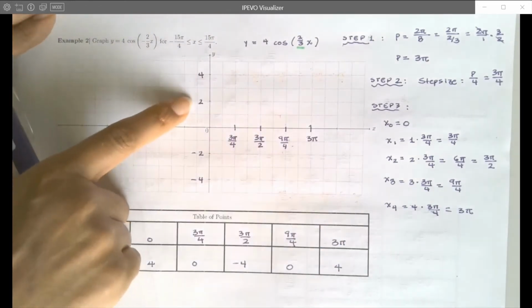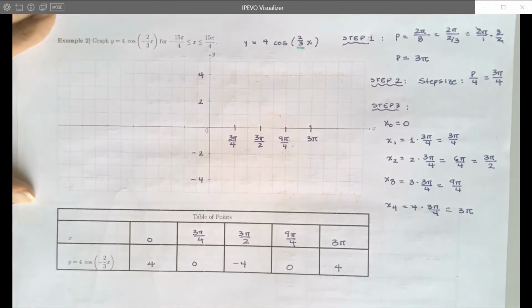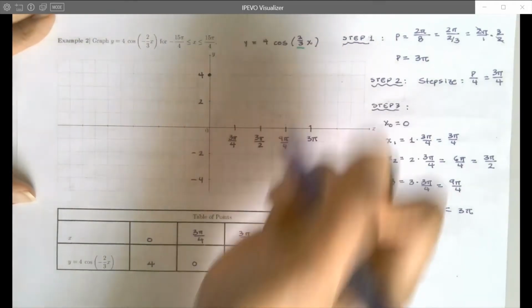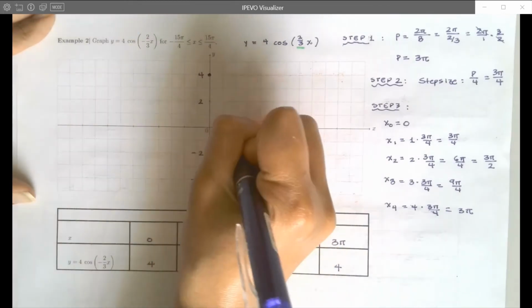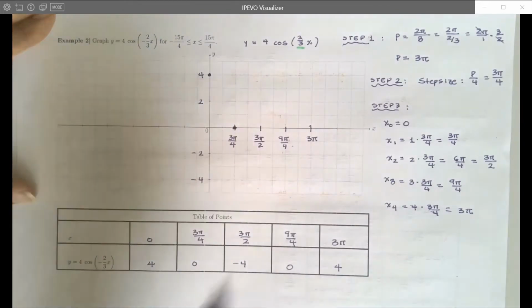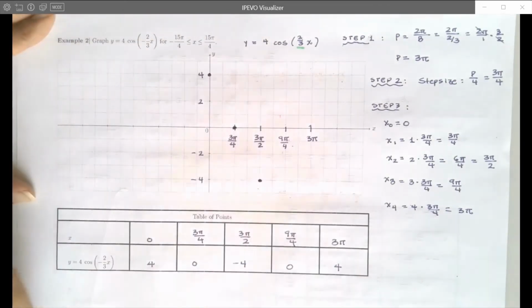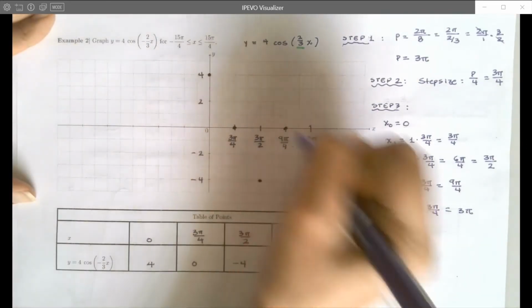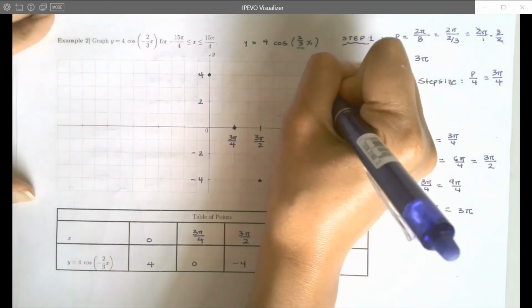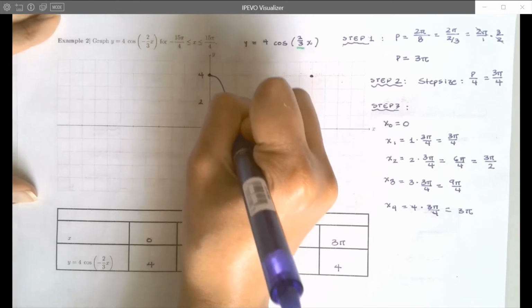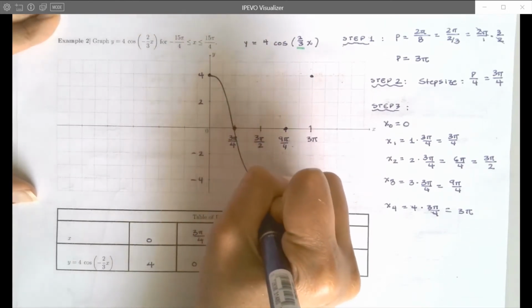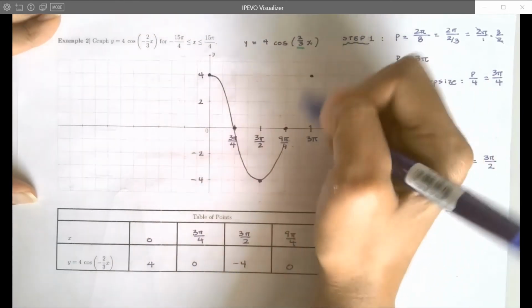That means that I'll make this the 2 and this a 4. So at 0 we get a 4, at 3π/4 we get 0, at 3π/2 we get -4, at 9π/4 we get 0, and at 3π we get 4. That means that we complete one cycle in this manner.